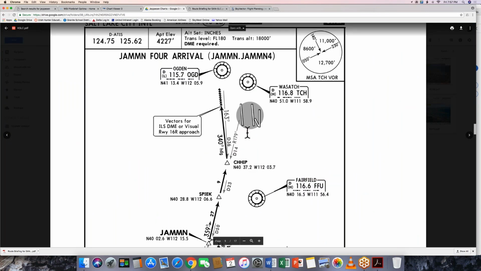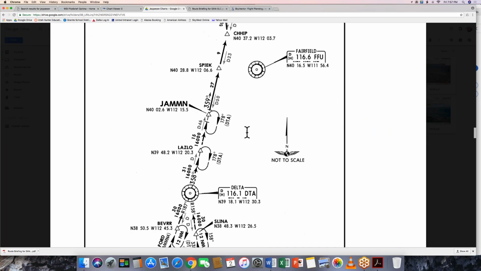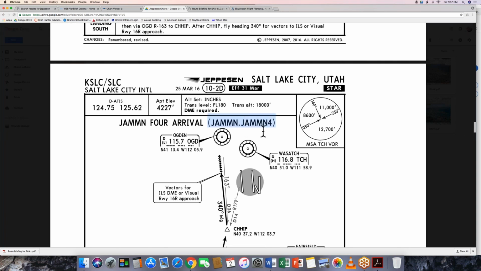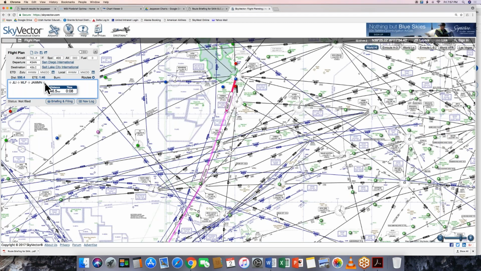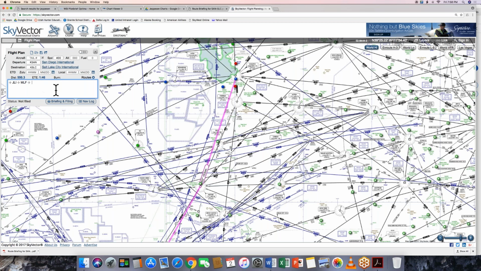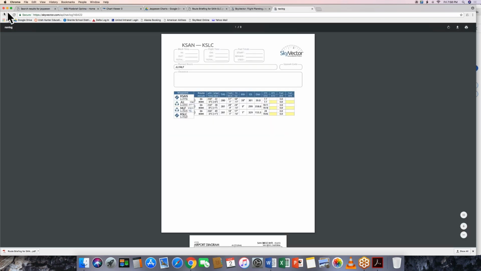Let's see. I just marked Jamin. Why isn't that working? JAMMN4. Well, that's frustrating. I know we used to be able to plug it in. Let's go to our nav log and see what. Nope.